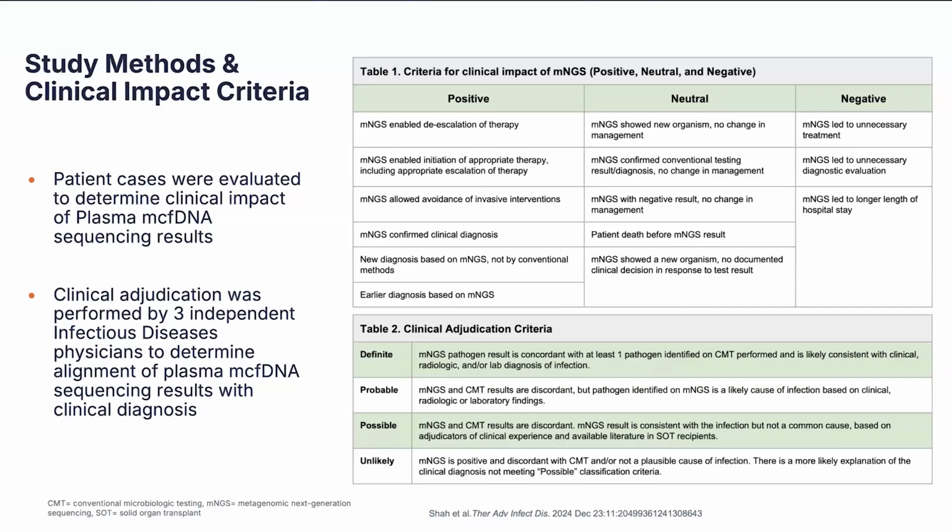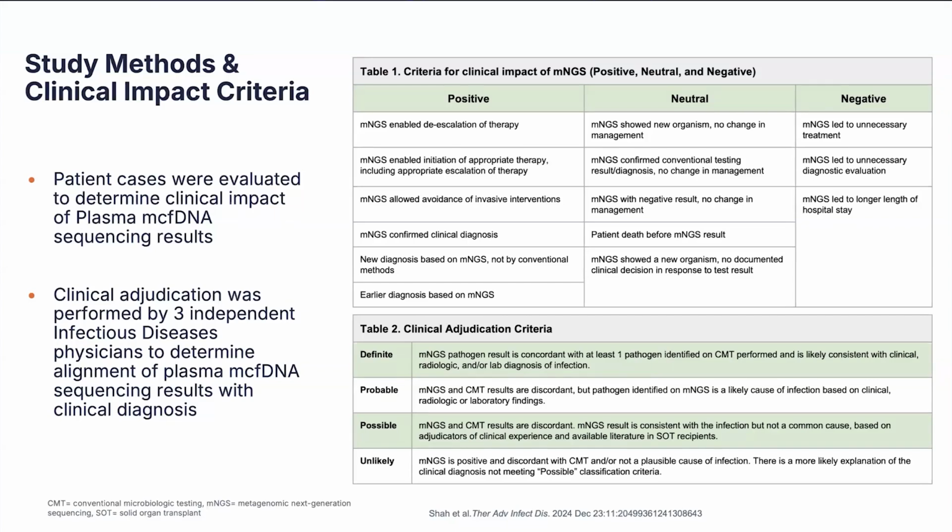So there was escalation of care, de-escalation, or discontinuation of antibiotics if infection was ruled out. If none of these impacts were recorded in a patient, then it was deemed as neutral. And the third category is negative. So in rare situations where the test resulted in unnecessary further antimicrobial therapy or interventions that could have been avoided, that was a negative impact.